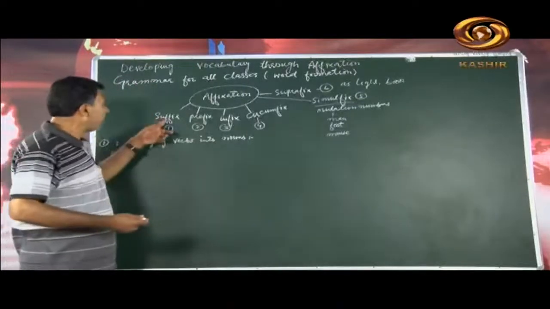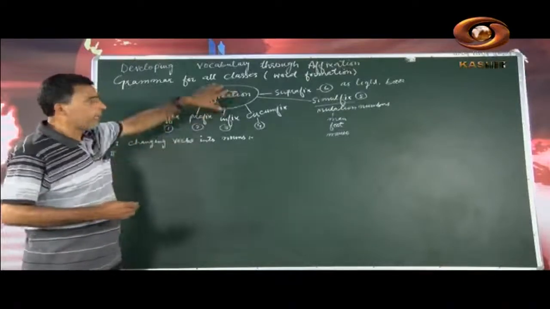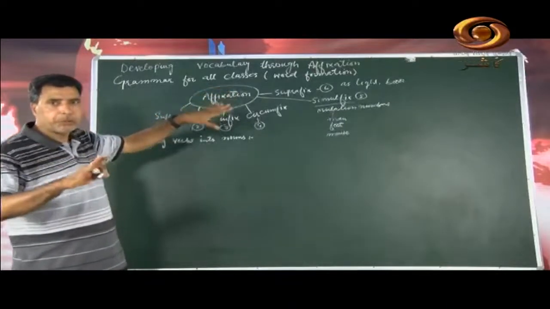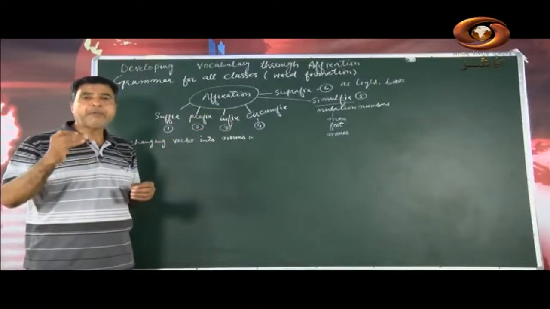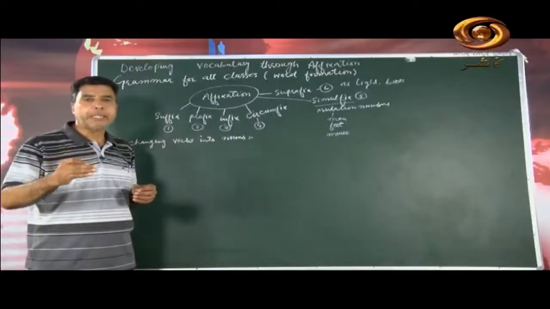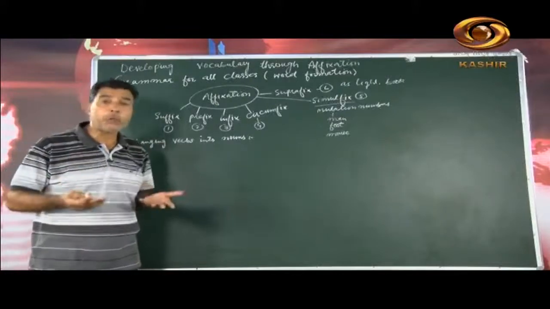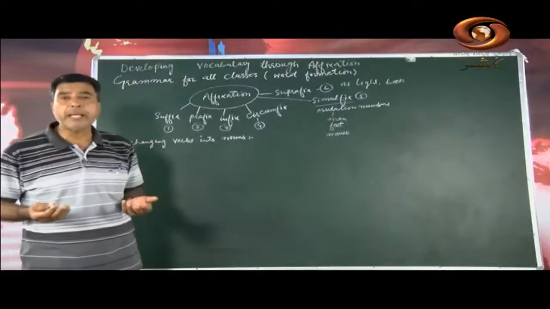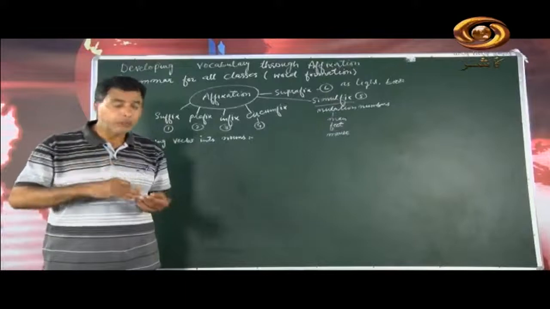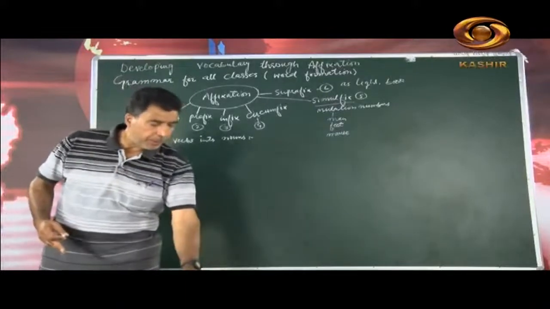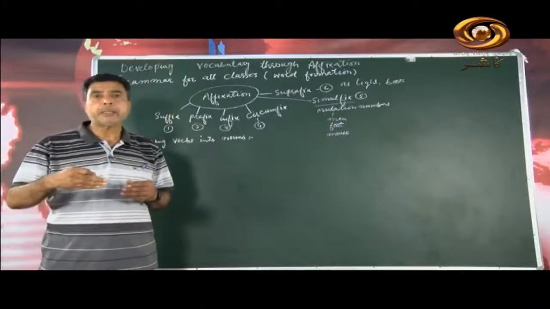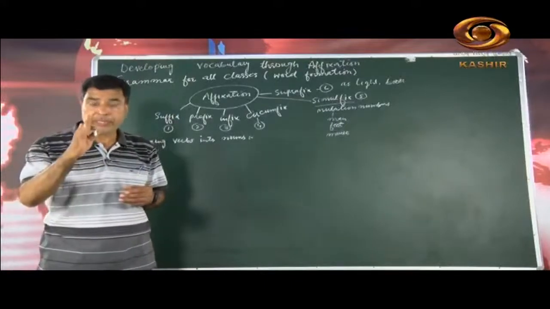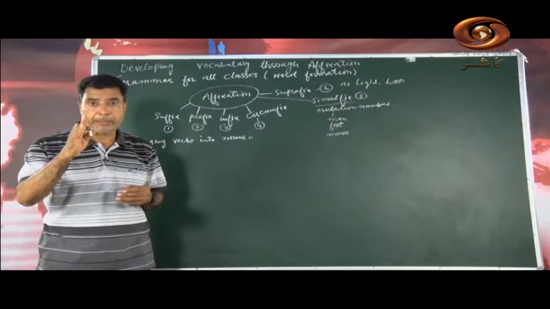When I talk about suffix, let me tell you first about the words. When there is a word and we add something at the end of a word, what do we add? We generally add either a syllable, or sometimes we call it a morpheme. We add to a root word, that is very important to remember.